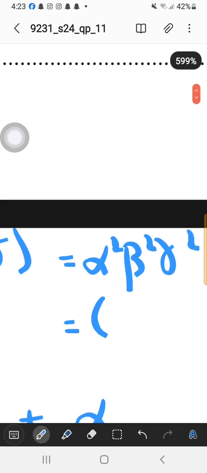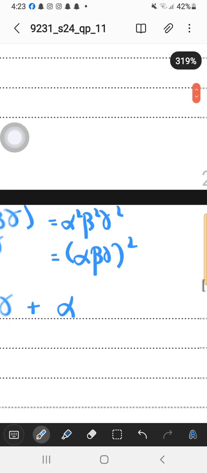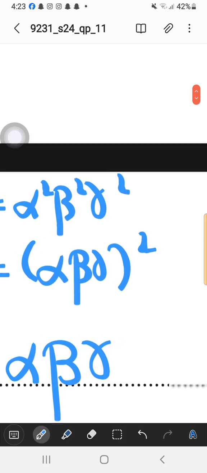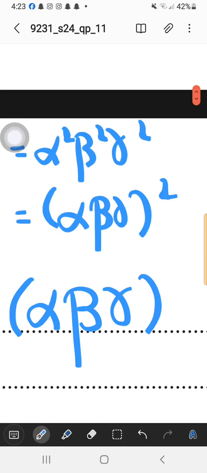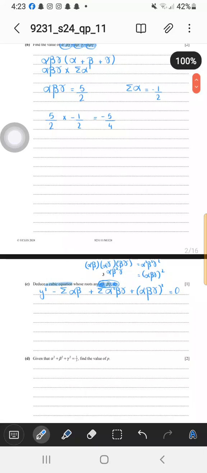So we can write it as alpha beta gamma with the whole square. Okay, so here we will write alpha beta gamma with the whole square is equal to 0. So this is our standard equation for this condition.